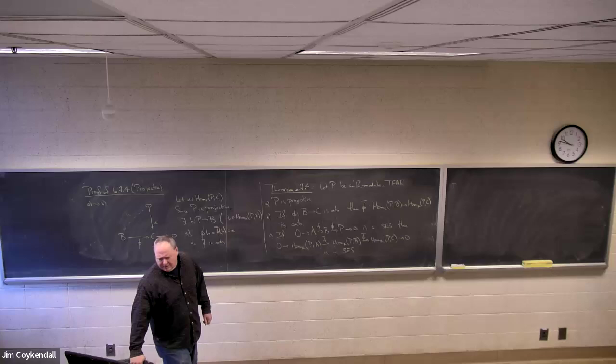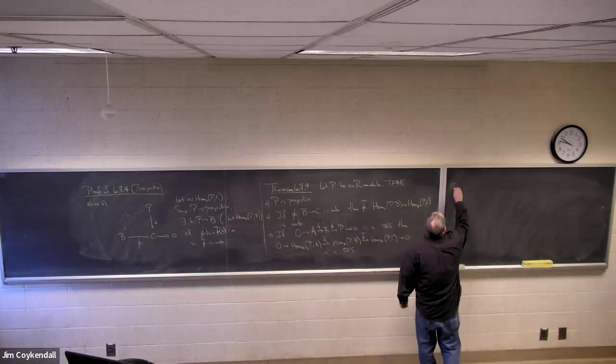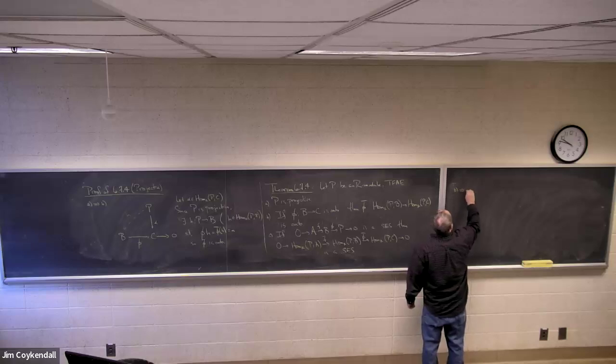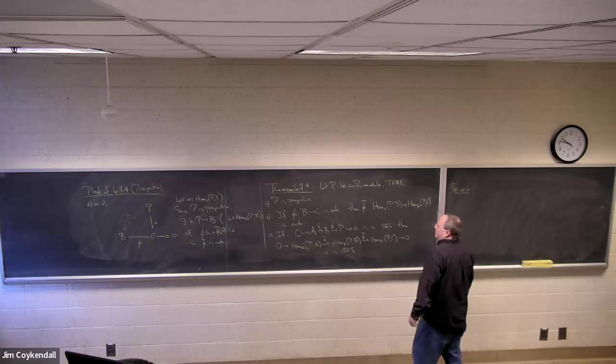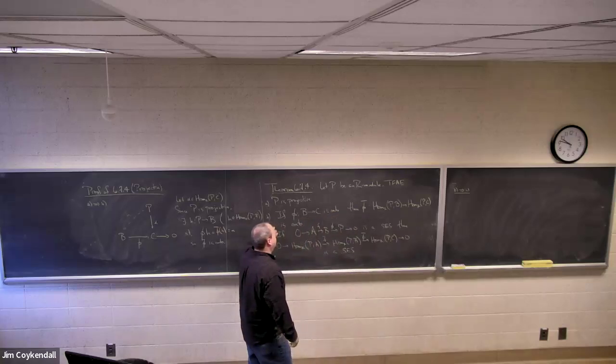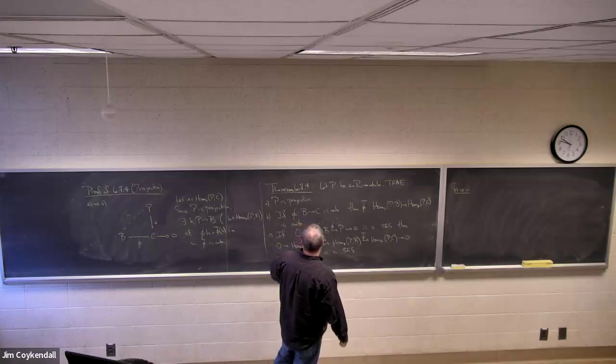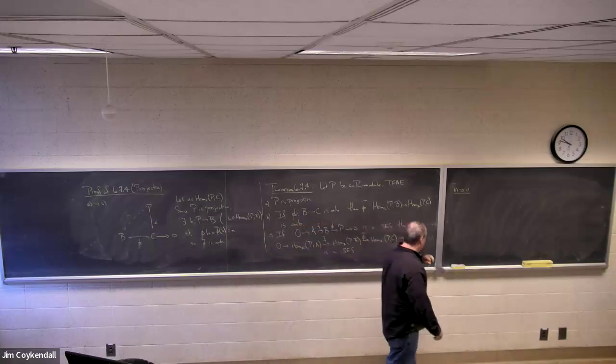So let's do B implies A. I have this thing is onto. If this is onto, then I need to show that P is projective.